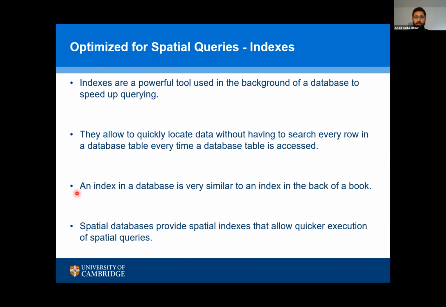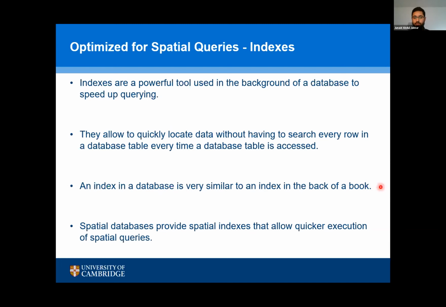So we can see that the indexes within a database are very similar to the index at the back of a book, which allows us to quickly navigate because it provides a sorted structure for the words available in the book, and it tells us the page number where we can find those words.